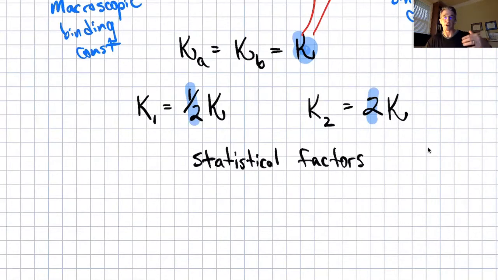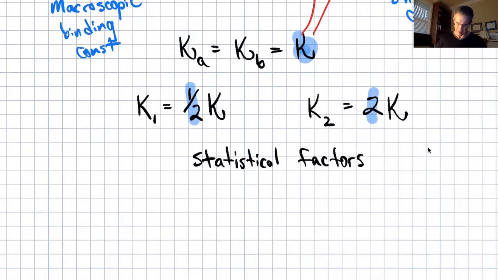It's 2 times, it's bigger. Remember, these are dissociation constants, so it's 2 times the true microscopic affinity. So this points out two things. One, those macroscopic binding constants are not true binding constants, as we first talked about it. They have these statistical factors associated with them. The second is, where's that coming from?